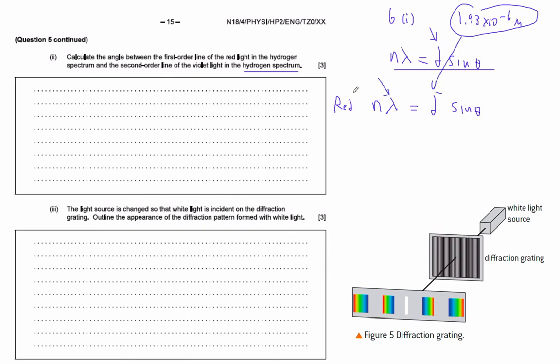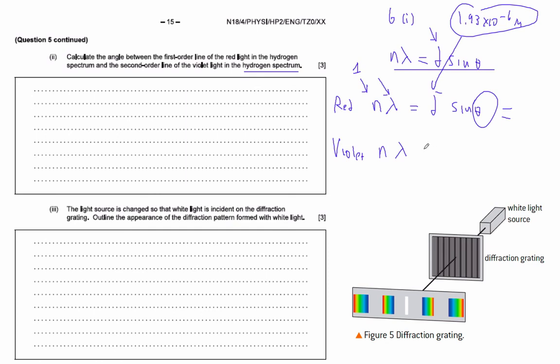Lambda is going to be the lambda for the red line, the big wavelength, 656.288. And n will be, they say, the first order of the red, so put a 1 in there. Then solve for theta. Theta equals something, approximately 20 degrees.